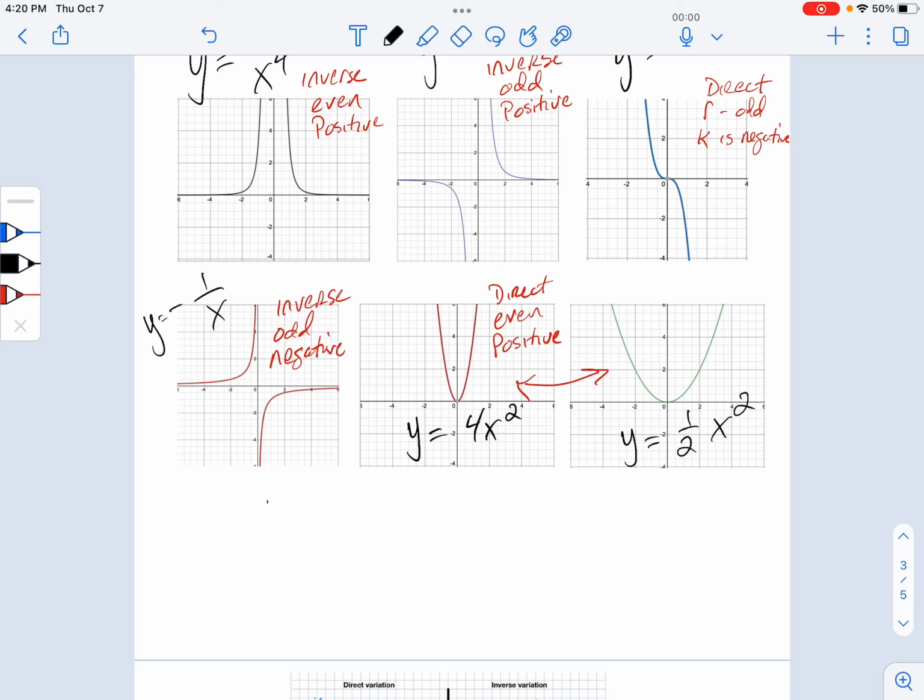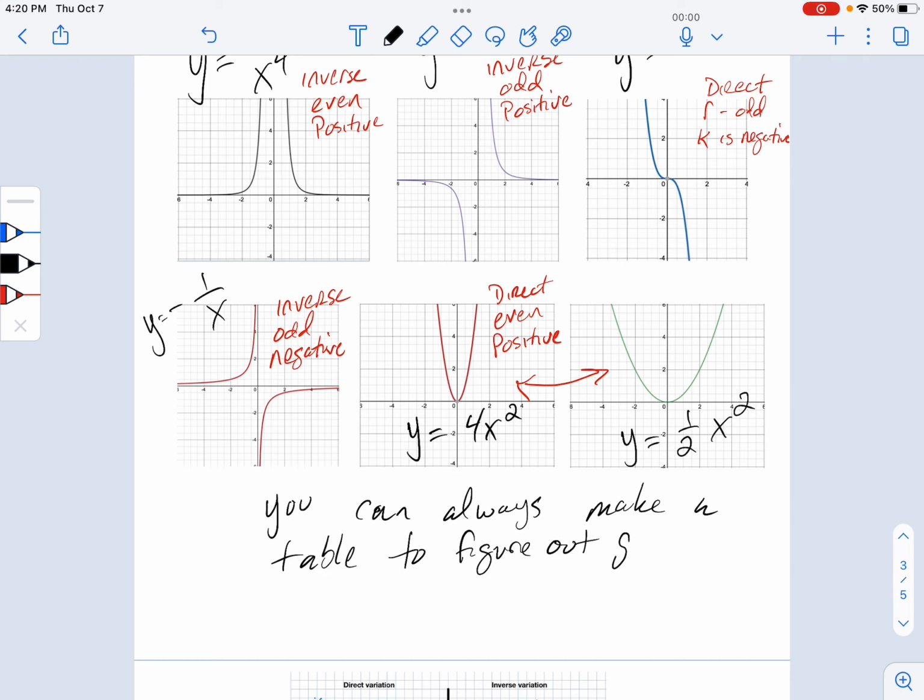You can always make a table to figure out what the graph might look like, to figure out graph shape. Sorry, that's a little sloppy, but you get the idea. Choose an x value, plug it into the equation, and get the y.